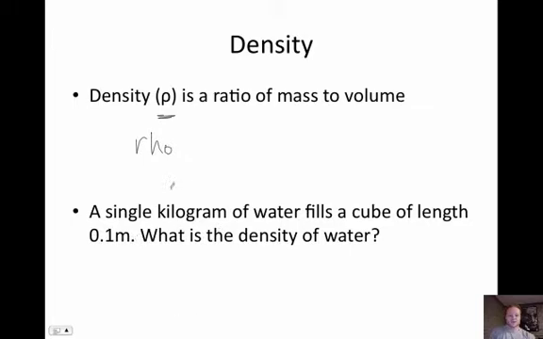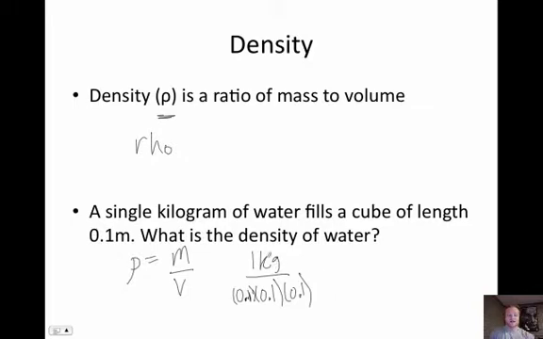Okay, so remember, density is a ratio of mass to volume, so it's going to be rho equals m over v. My mass is 1 kilogram, so that's just going to go on top, divided by the volume. It says that I have a cube, and the definition of a cube is that all sides are equal, and one side is 0.1 meters, so all the sides are going to be 0.1 meters, and if you multiply 0.1 three times, that would get you the volume of this cube, because volume is length times width times height.